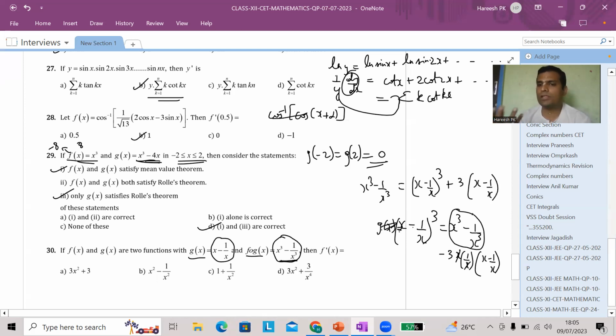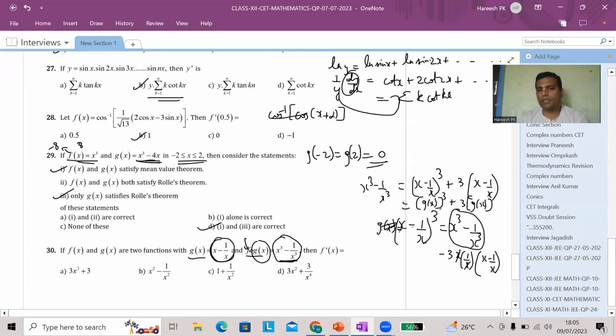Now this gives me what f is, right? What did the function f do? The input was x minus 1 by x. To the function f, the input is g of x. So I can rewrite this as g of x whole cube plus 3 times g of x. So what is the function f doing?